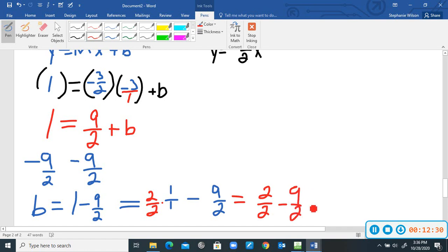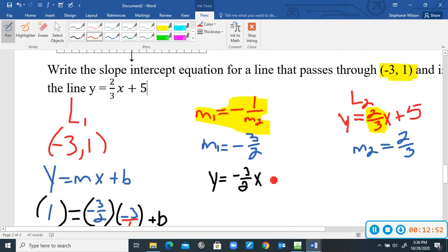And since the denominators are the same, I can go ahead and do another step and write everything over that 2. So 2 minus 9 is 7, and it's not just regular 7, it's 2 minus 9, so it's a negative 7 halves. So now I know what my b is. It's a negative 7 halves.